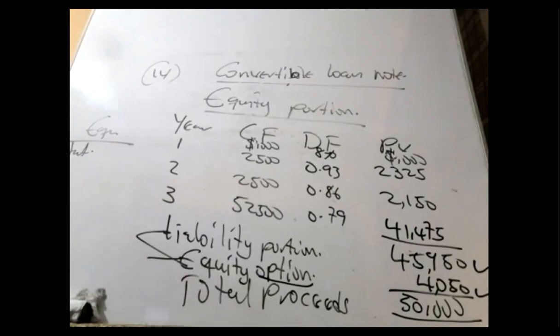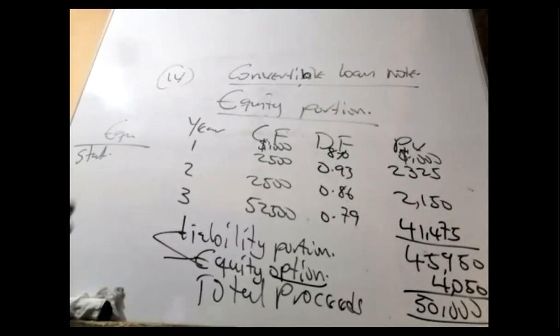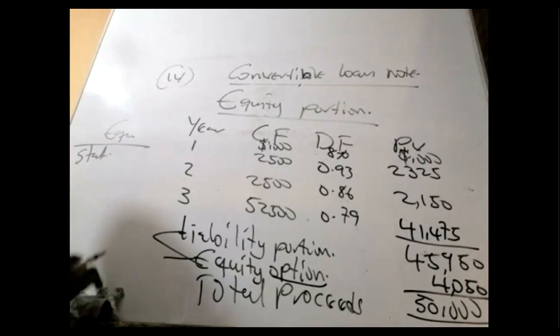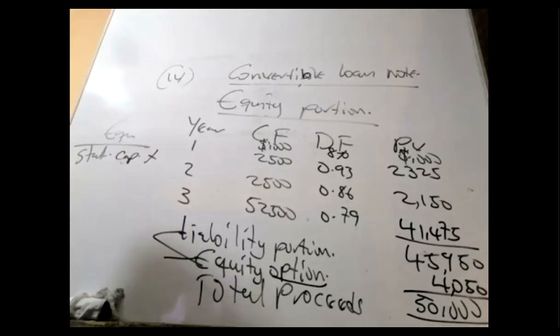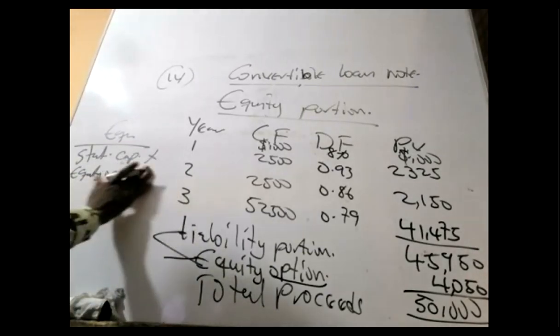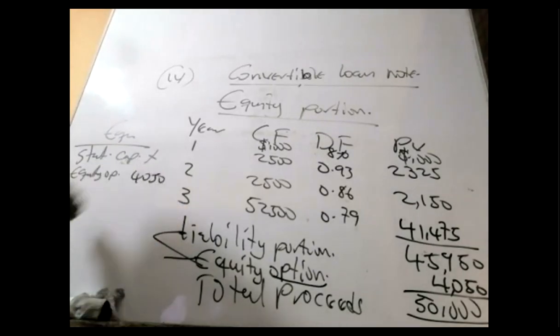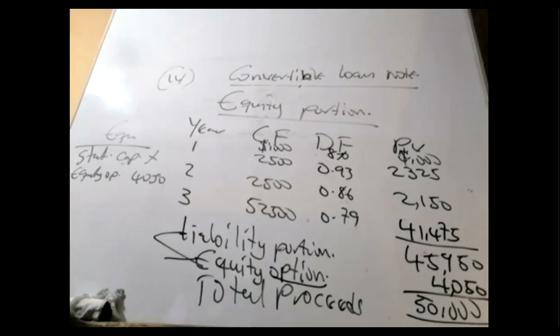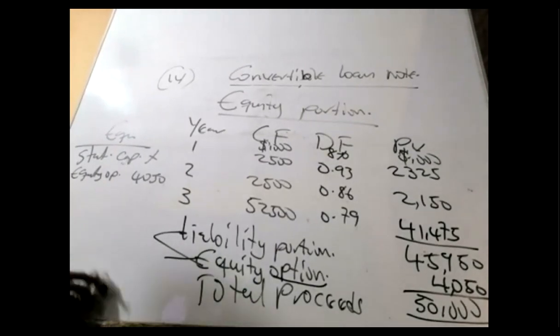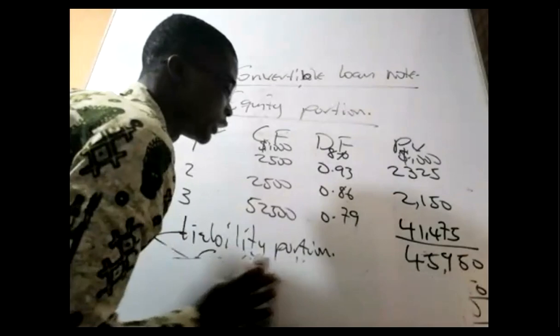So stated capital, so much. Then equity option, so much, this figure 4,050. Now we'll add the other equity items to it. So take note of the treatment. We are done. Let me go to the liability section and quickly finish it up.